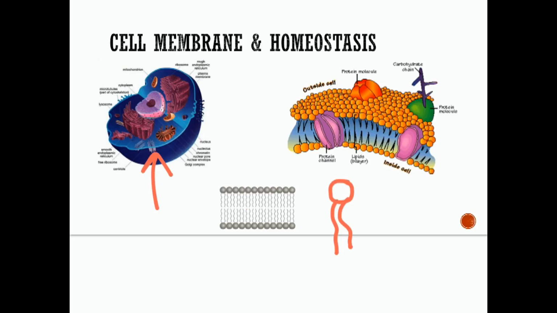So notice these little transport proteins, these purple things here. That's going to allow substances to flow through the plasma membrane. The structure and function of a cell membrane is described by the fluid mosaic model.